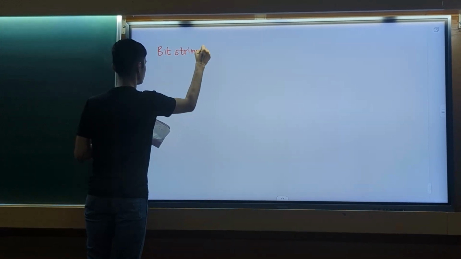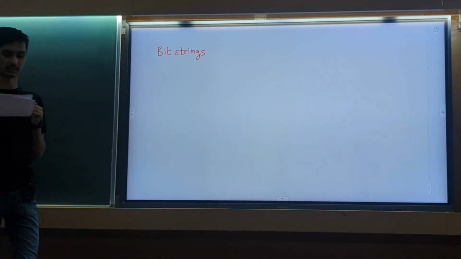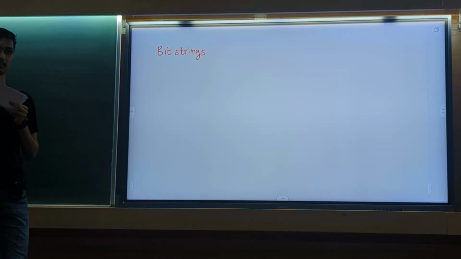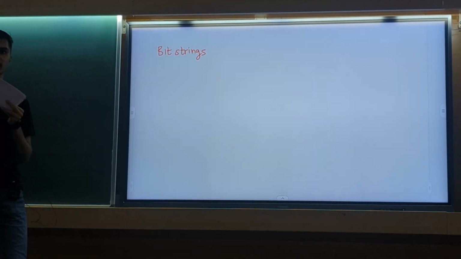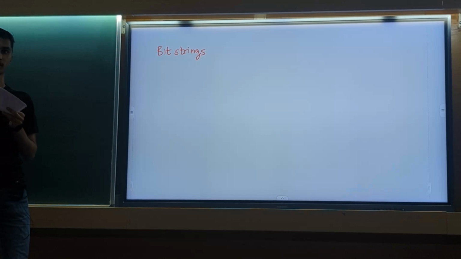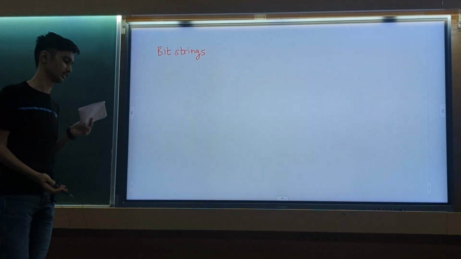Moving on. We'll talk about bit strings. Bit strings are strings made up of two characters, 0 and 1. And then we can define various operations like AND, XOR, XNOR, all those operations.